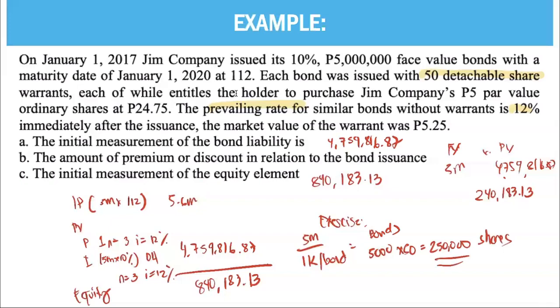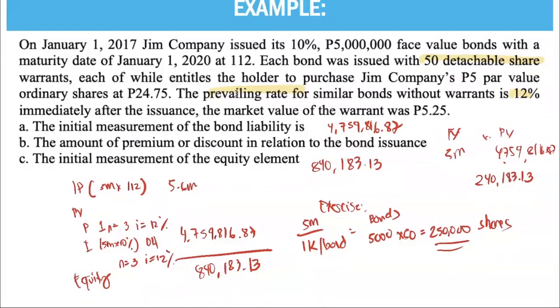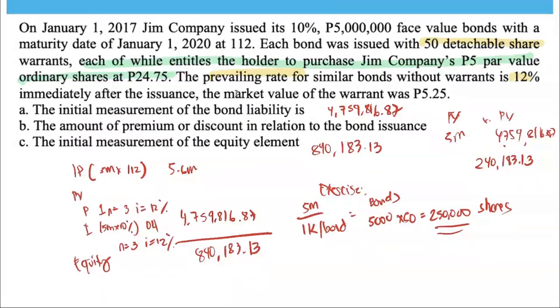If it is exercised, remember, we get the exercise price. What is the exercise price? Each warrant entitles the purchase of Jim Company's 5 par value ordinary shares for 24.75. So we will recognize cash of 24.75 times 250,000 shares, which is 6,187,500.